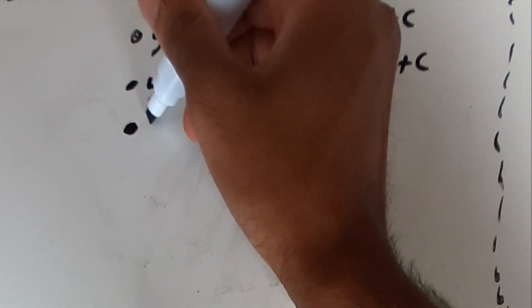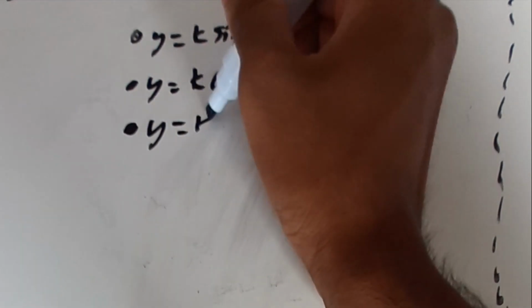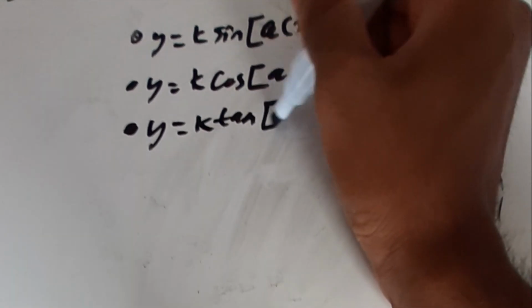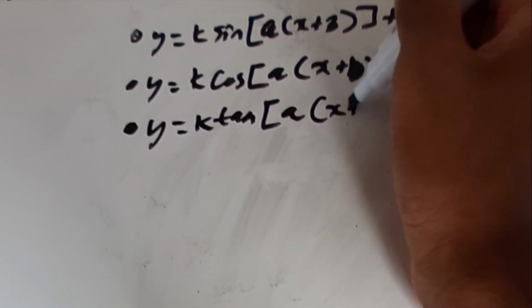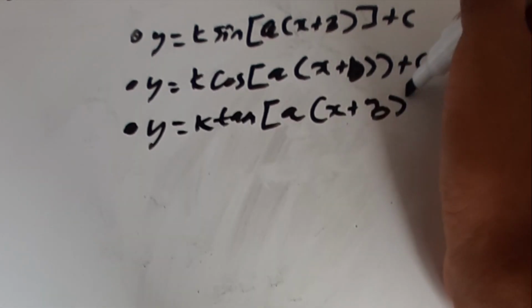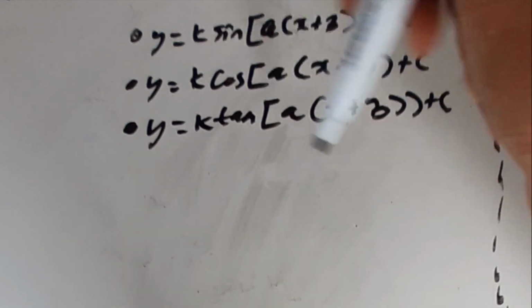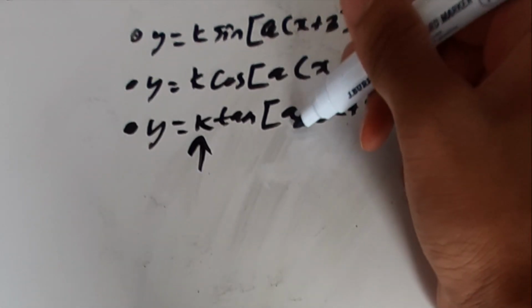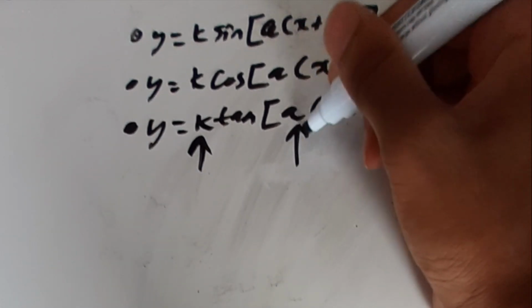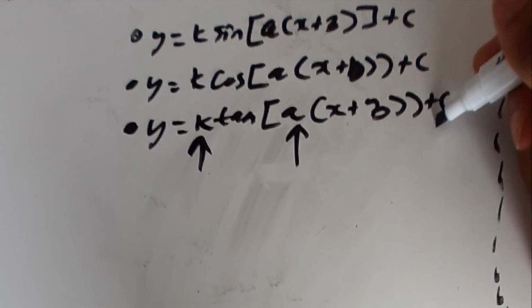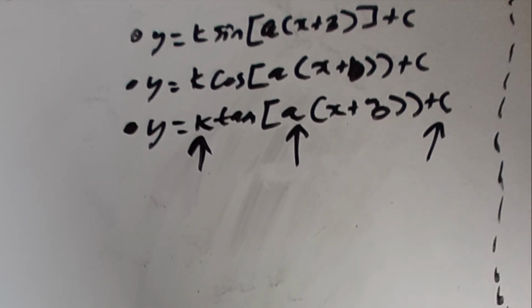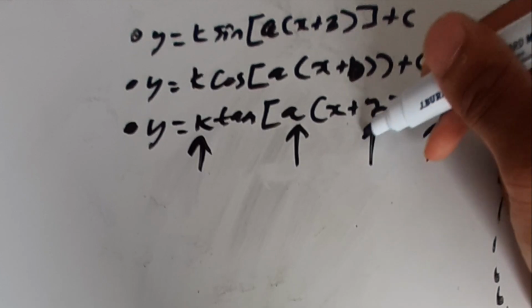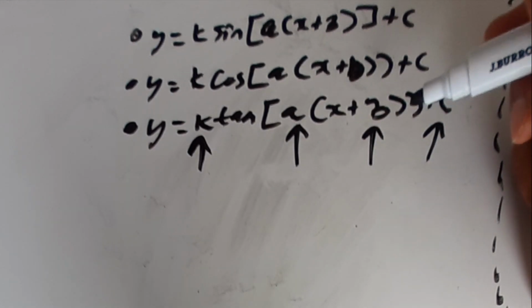And for tan, y equals k tan brackets a brackets x plus b brackets plus c. So this is how you can model all three trigonometric functions regarding each transformation, where the k is a vertical dilation, the a is a horizontal dilation, the c is a vertical translation, and the b is a horizontal translation.